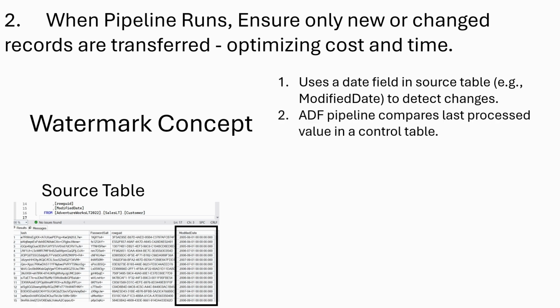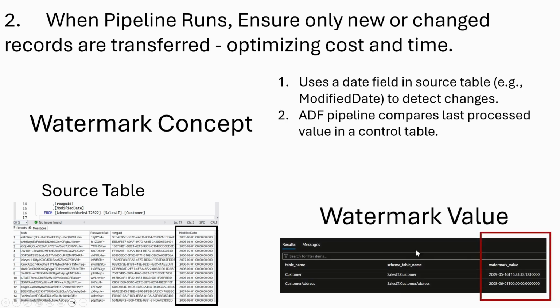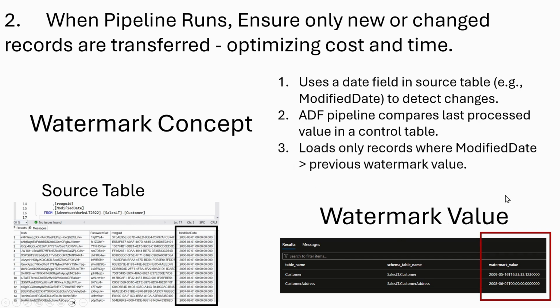And ADF, or the ETL tool, is going to compare the last modified date from the control table. We are going to create this control table in the Azure SQL database, and this control table hosts the last modified date, which is a watermark value for each table that is going to be migrated from the on-premises. So ADF is going to compare these two dates, identify new or changed data, and transfer it over to the ADLS storage.